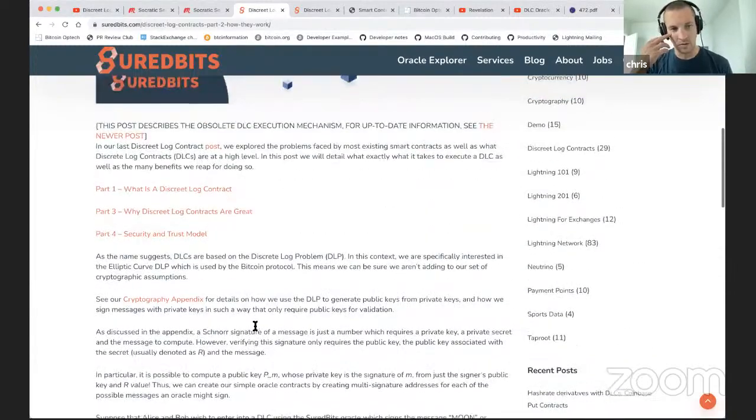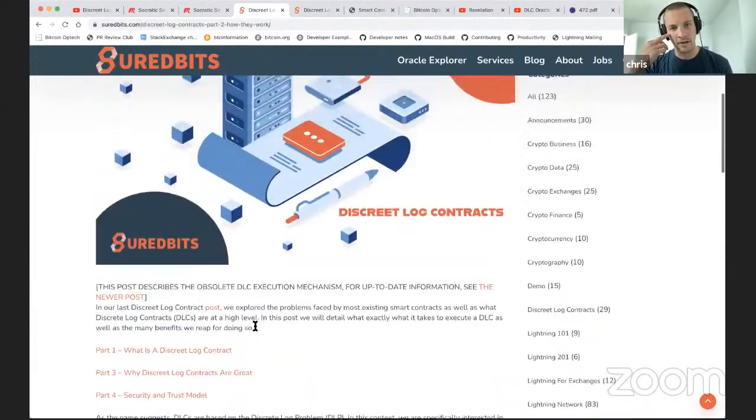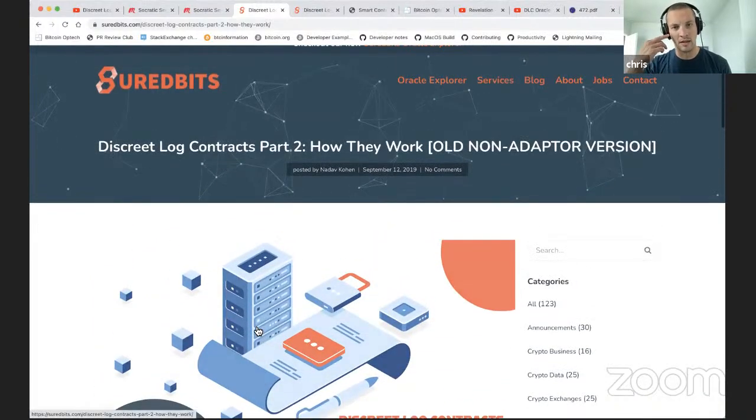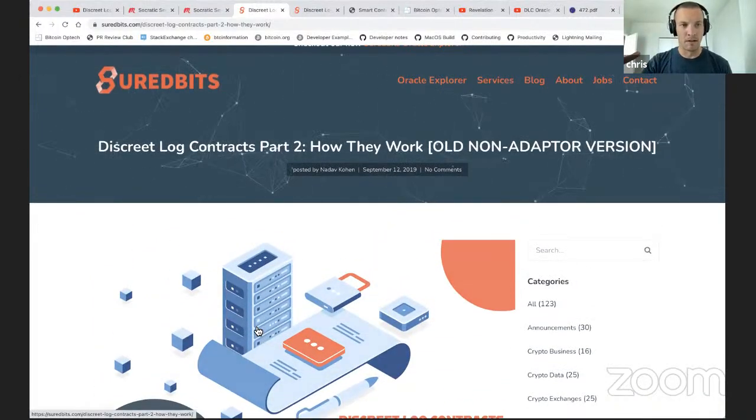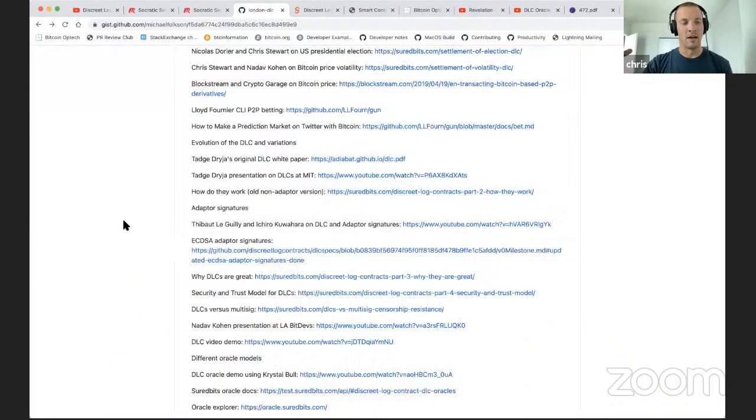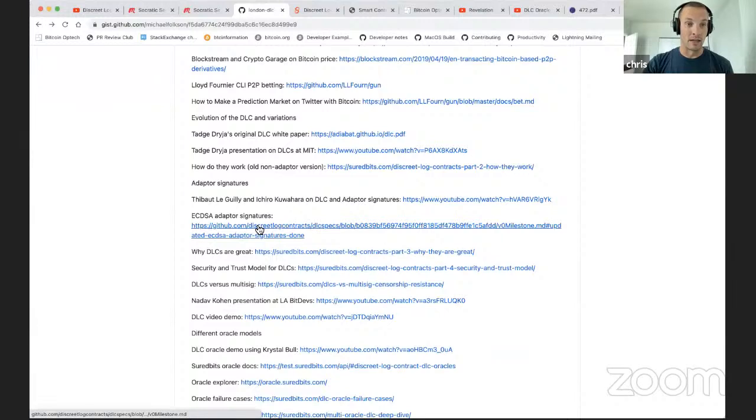April of 2020 was Lloyd figuring out how to do ECDSA adapter signatures, which is a primitive available on the Bitcoin blockchain, so that we can enforce these things actually on chain for settlement of transactions. I forget exactly, was that about the right time?